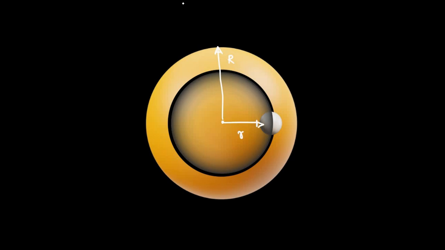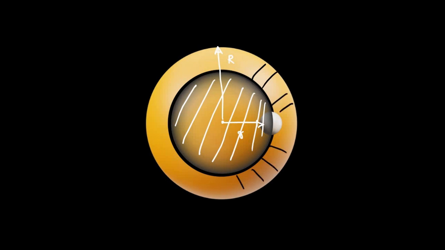So here the gravitational force will be exerted by this portion only, which lies interior to the point mass with radius small r. This much portion will not exert gravitational force. The black highlighted portion will not exert anything.